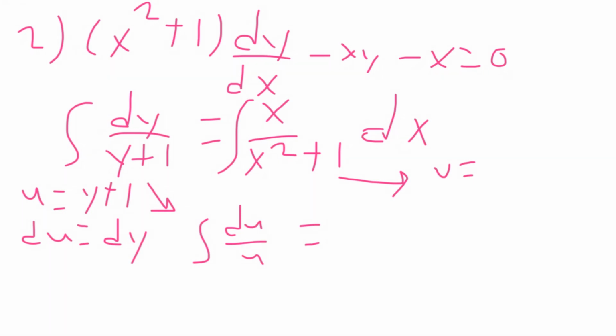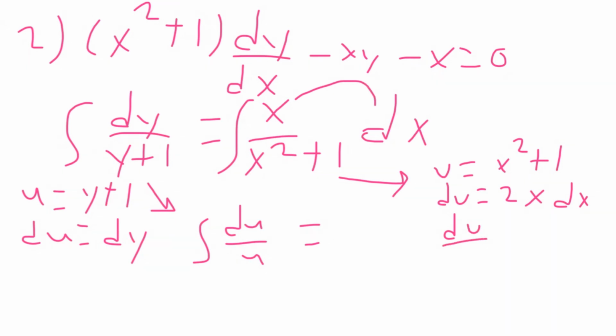So v is equal to x squared plus 1, and dv gives you 2x dx. So we divide by 2 so that we could replace the x and the dx. So dv over 2 is now equal to x dx. So this equation becomes 1/2 dv over v.